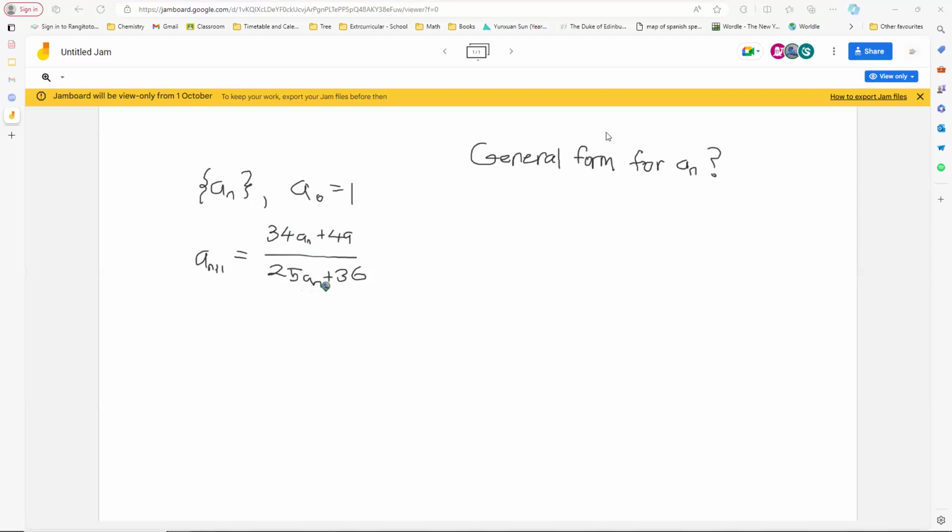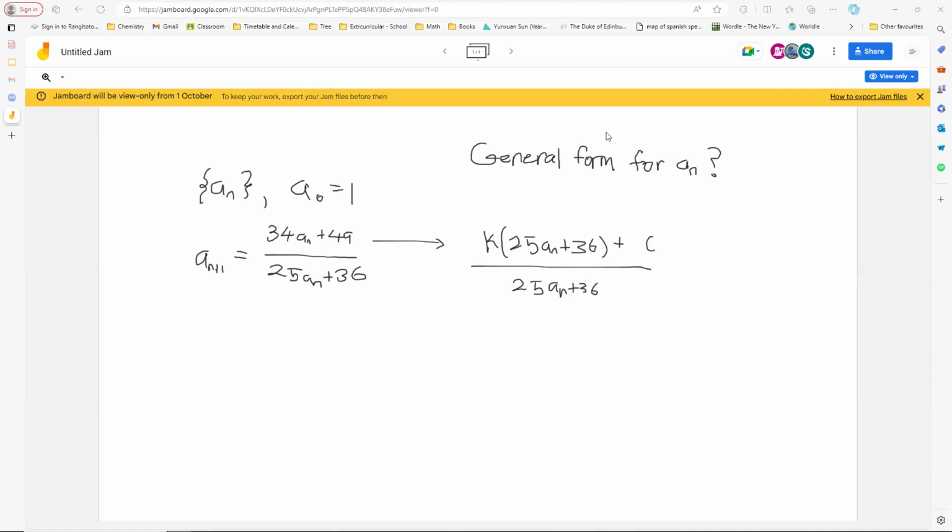So the way we're going to do that is to turn the numerator into something of the form k, some constant, times the denominator, plus some constant. If I can transform it into this form, then I can simply take the k out, and I'll have k plus c over the denominator.